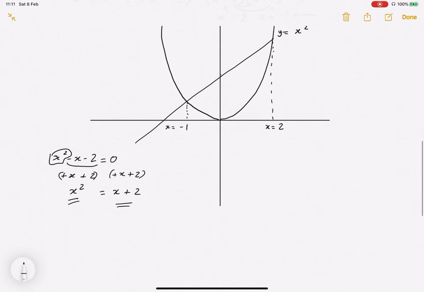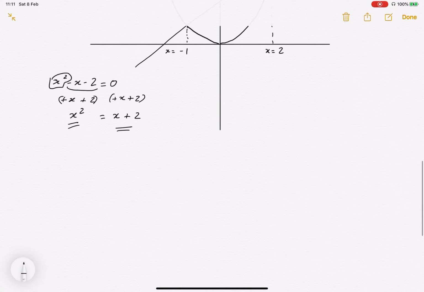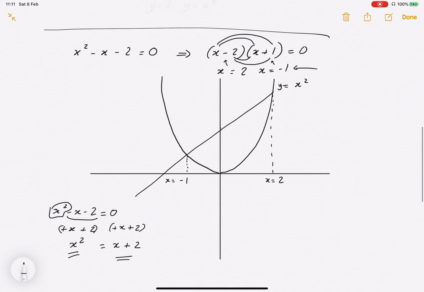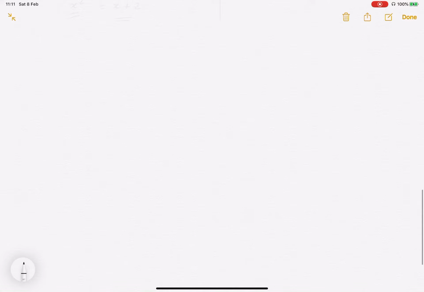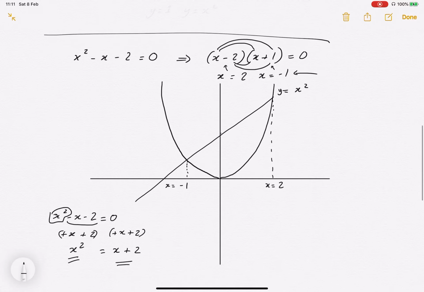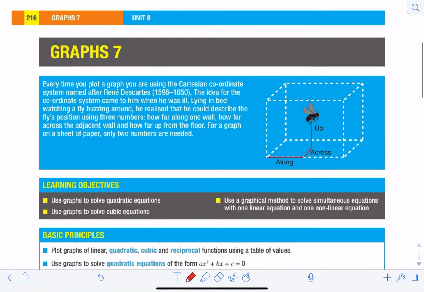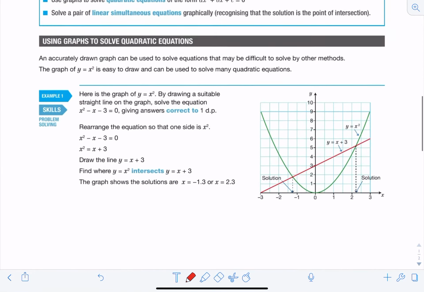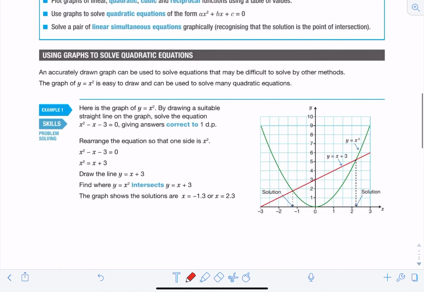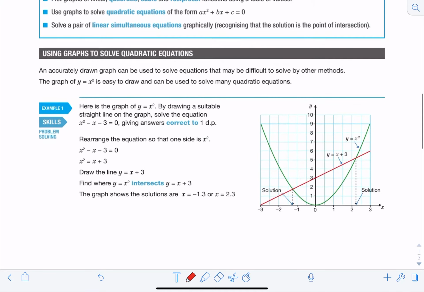Okay, now let's look at one more. This is the one from the book. So let's go to the book. I'm on page 216 of the book, and right here, this should start by looking a little bit more familiar now.